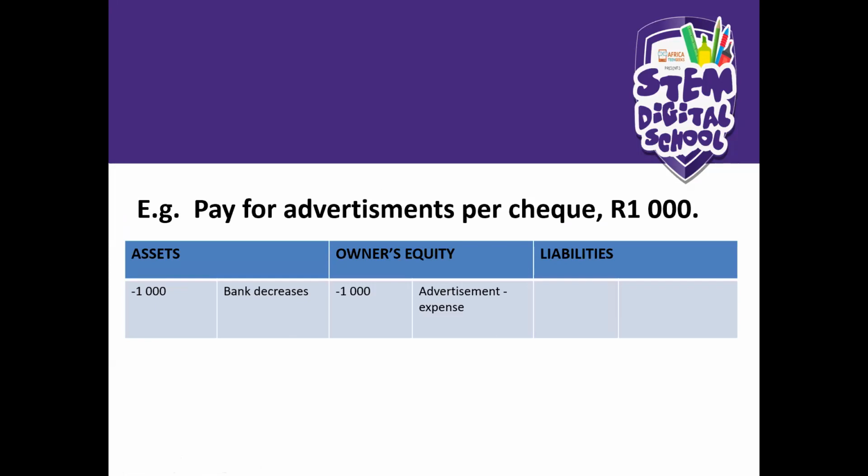I normally say you need to understand what you need to do with the other account. So right, if we pay something, what is happening with the business? Bank is an asset. So under assets, you're going to say minus 1,000 Rand because bank is decreasing.